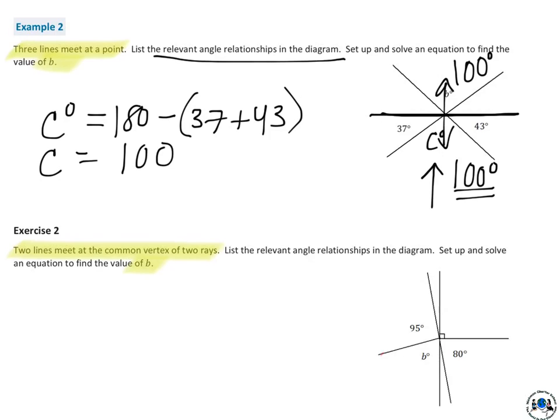Okay, so I think the key point here for me was just looking at this idea of two lines meeting at the common vertex of two rays. So whenever two lines meet, and again, let's go ahead and identify what the lines are. These are the lines right here, this one and that one.